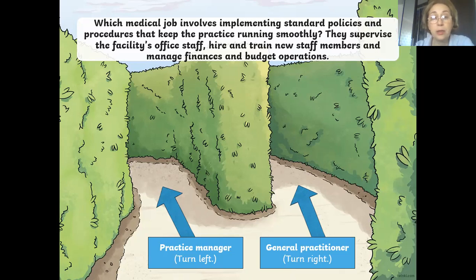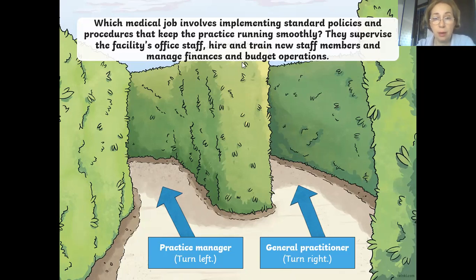So the question: which medical job involves implementing standard policies and procedures that keep the practice running smoothly? These people supervise the facilities and office staff, hire and train new staff members, and manage finances and budget organizations.